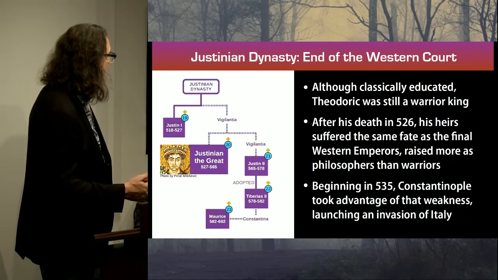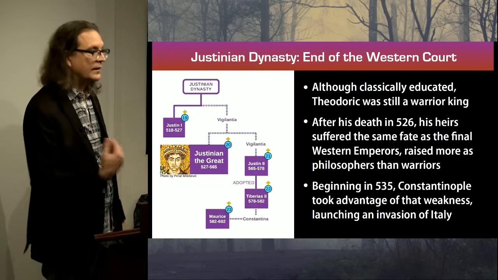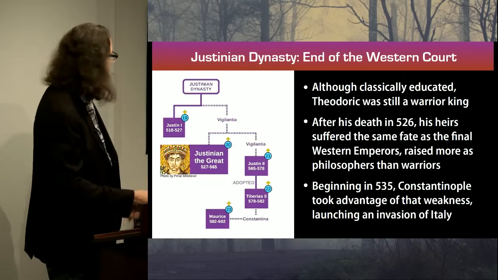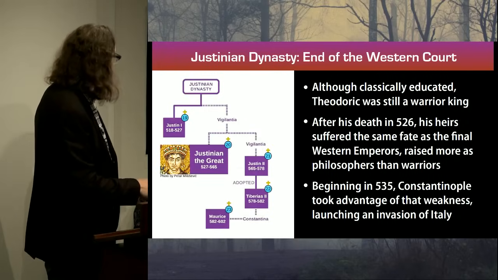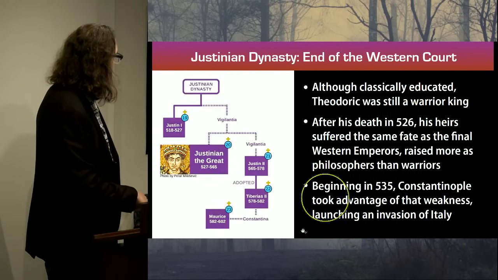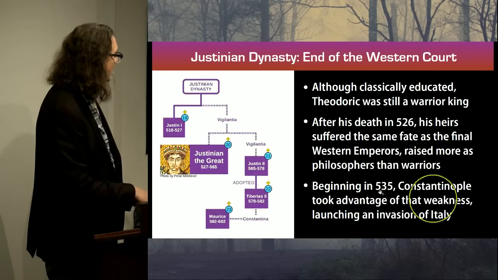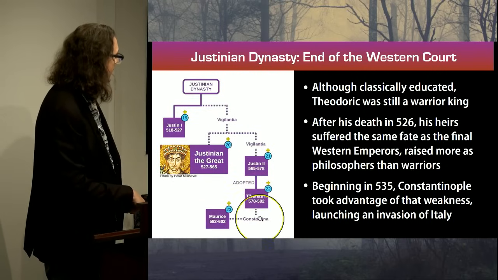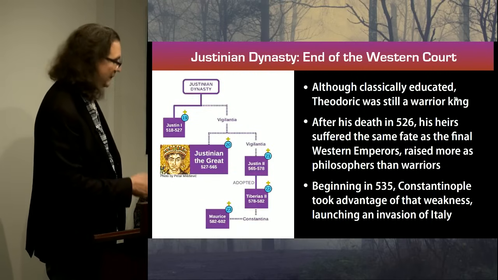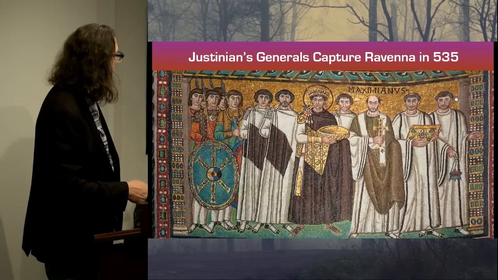And so beginning in 535, there's a new and strong dynasty in the east, the dynasty of Justinian the Great, who took advantage of the weakness in the Ostrogothic kingdom and sent a huge bunch of troops over and began a vast invasion of Italy.